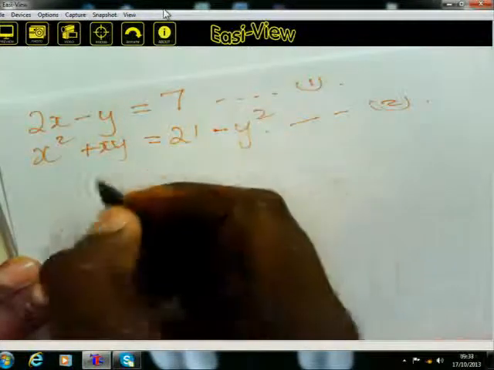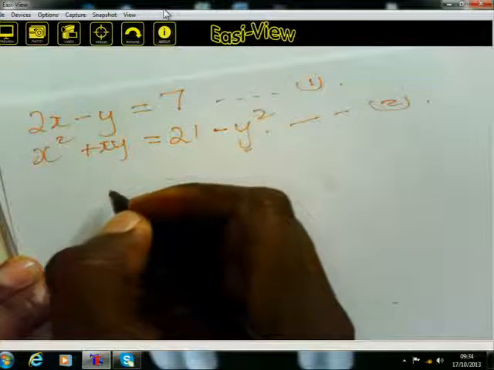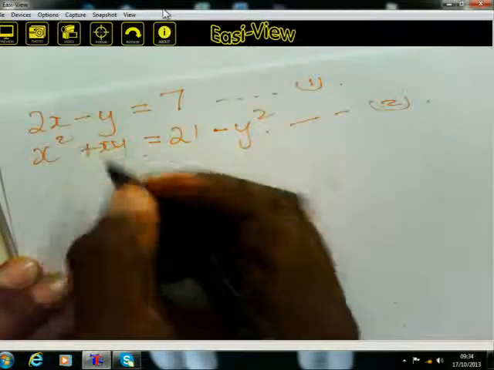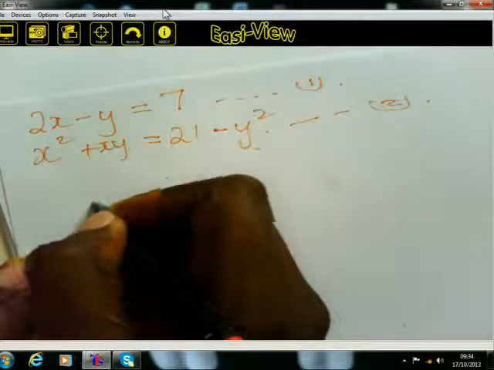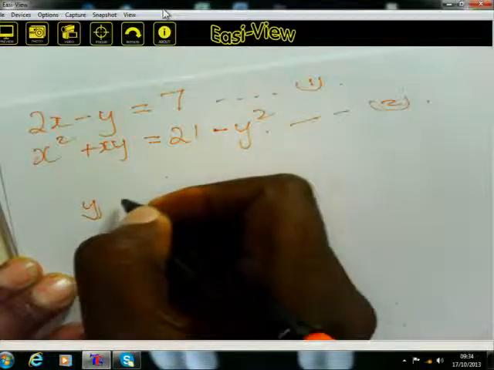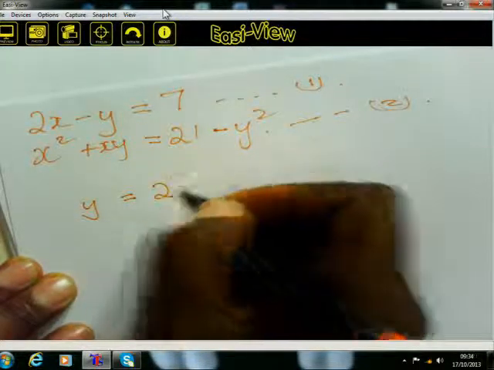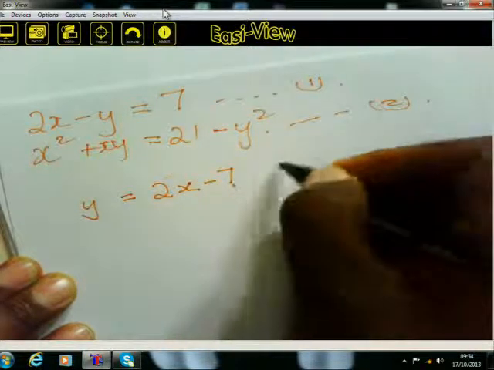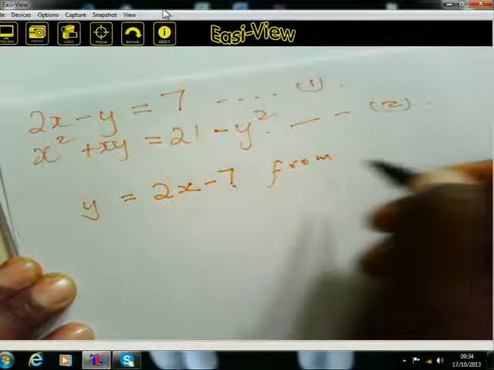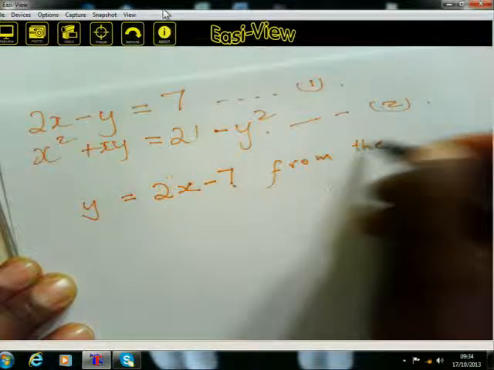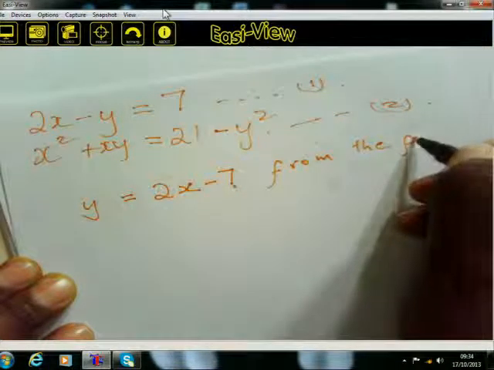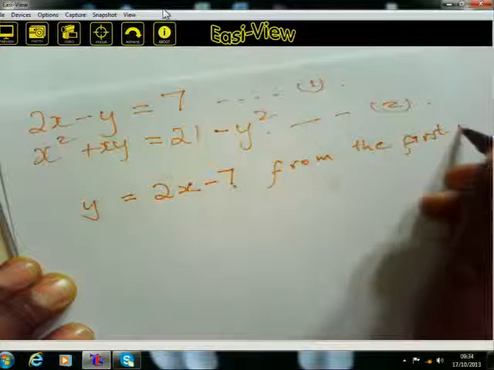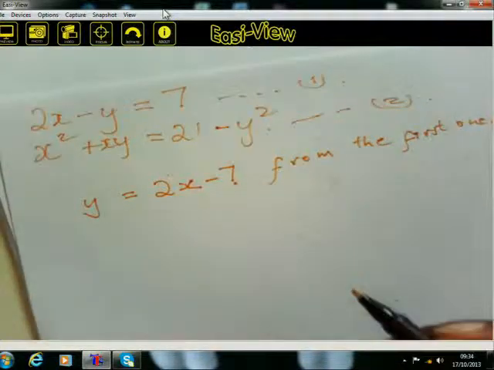Now, what is happening here is this. From the first one, y is going to be equal to 2x minus 7. That is from the first one. Right?